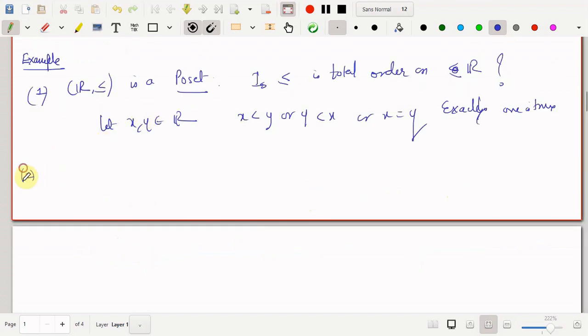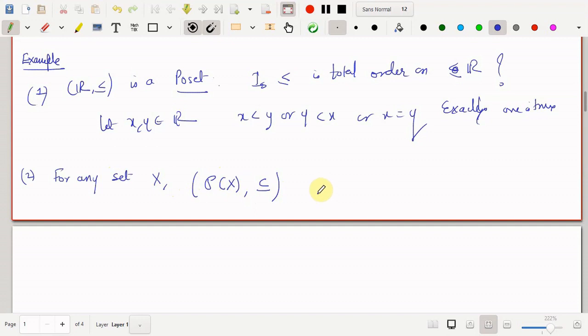Besides this, let's define another relation. For any set x, we will consider the relation defined on the power set of x. The standard relation defined on the power set of x is containment.